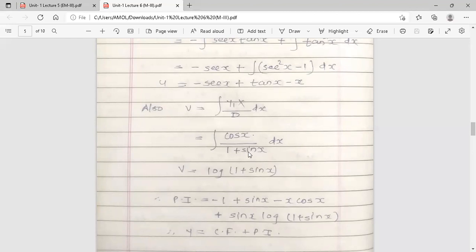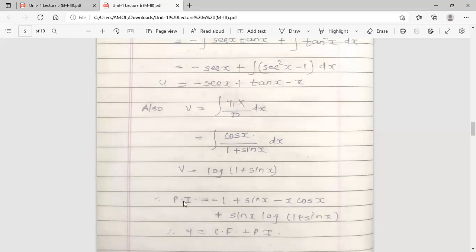The denominator term is 1 plus sin x, and the derivative of the denominator term, the derivative of 1 is 0, the derivative of the sine function is cos x. So the derivative of the denominator term is adjusted in the numerator. So the integration of cos x upon 1 plus sin x is equal to log of 1 plus sin x. This is the integration.